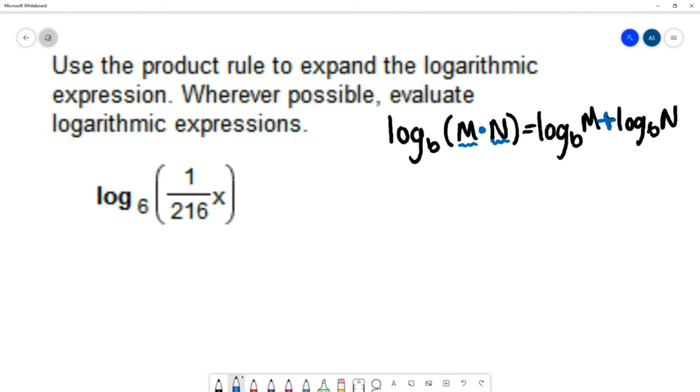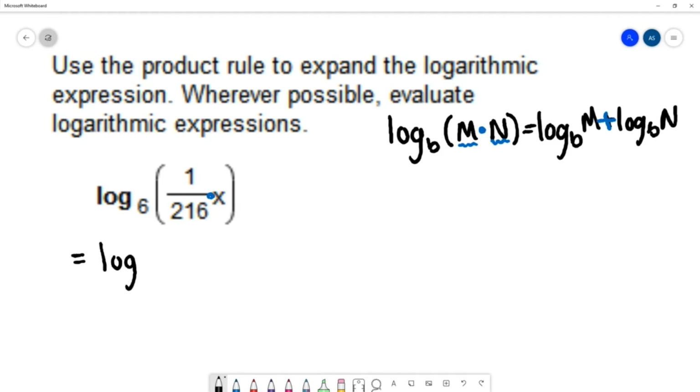Inside each log, you can see each factor. So in our example, I'm looking for places that I can use the product rule because the directions say I need to use it. Here, I have 1 over 216 x, which means 1 over 216 times x. So I've got a product right here, and I'm going to use the product rule.